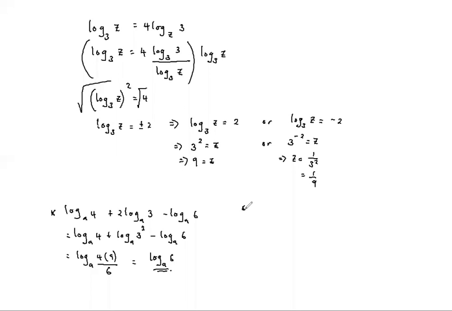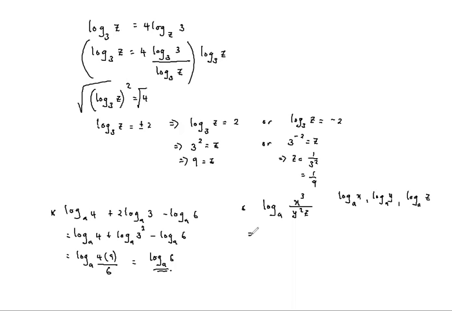Another one is where now they'll ask you to split this. Split log a of x to the power 3 over y squared z. Write it in the form log a x, log a y, and log a z.